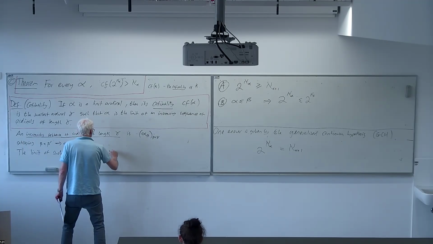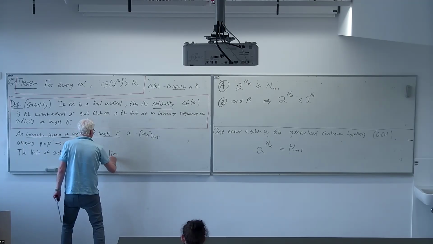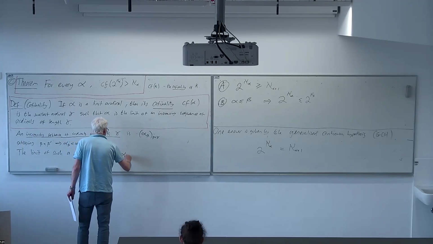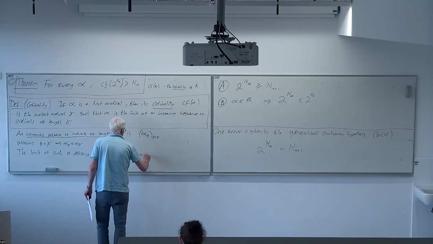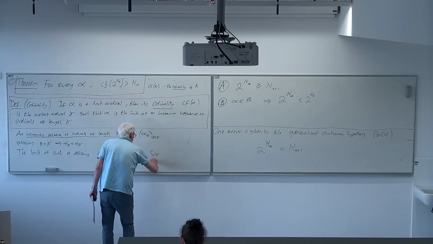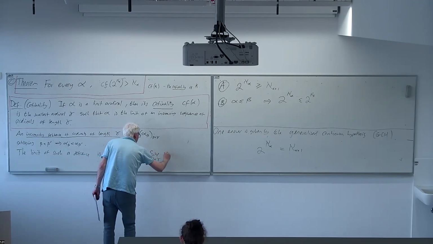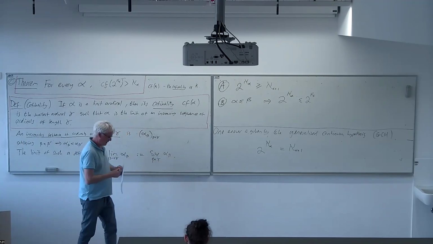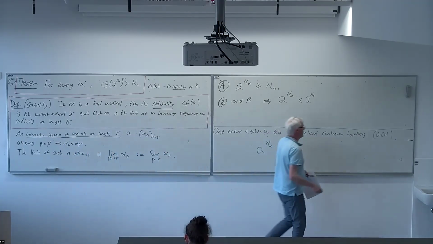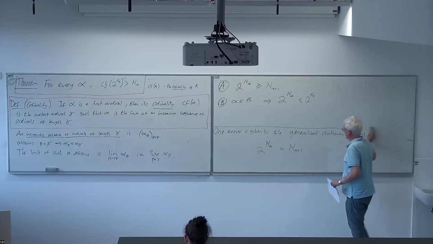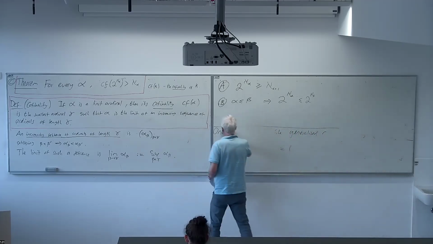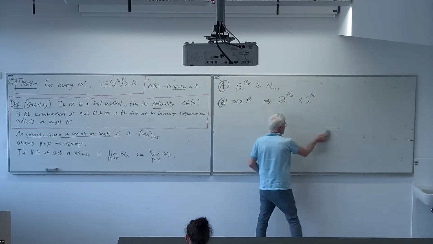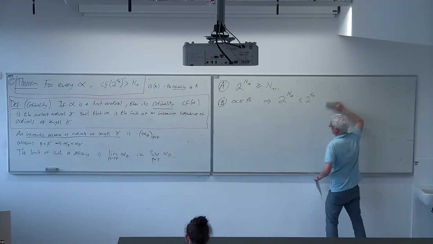So we write it like this: the limit as beta tends to gamma of alpha sub beta, and that's just defined to be the supremum over beta less than gamma of alpha sub beta. With that definition to hand, it might seem quite a lot to swallow, but it should be easier when we look at some examples, which we're now going to do.